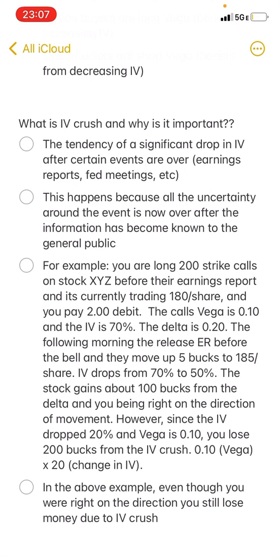And this happens because all the uncertainty around the event is now over after the information has become known to the general public, right? Numbers are out. Earnings per share is out. Revenue is out, right? Everyone already knows this stuff now, right? So the uncertainty is gone, right? So the IV drops, right?